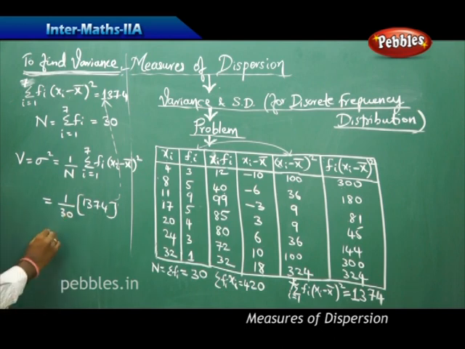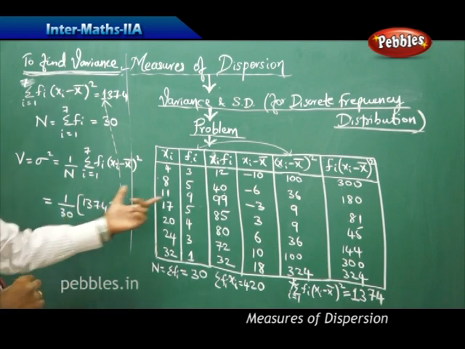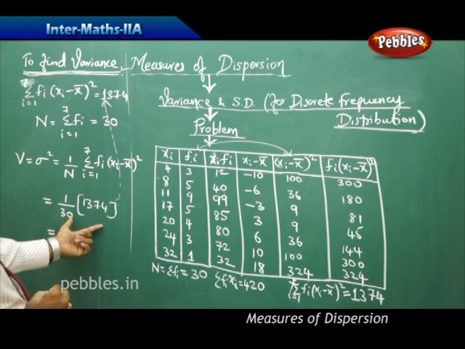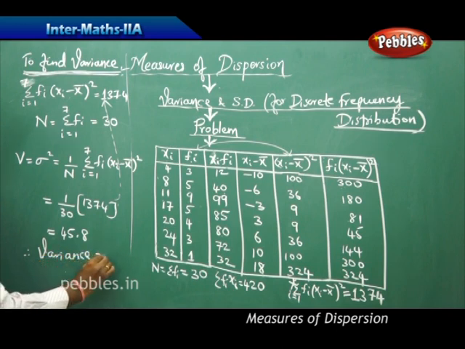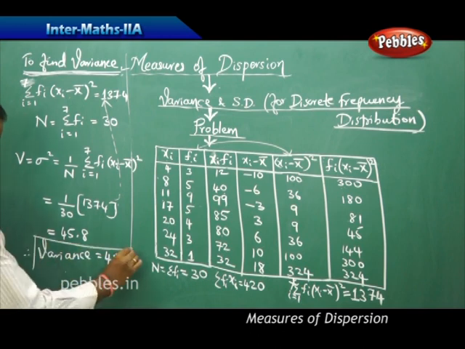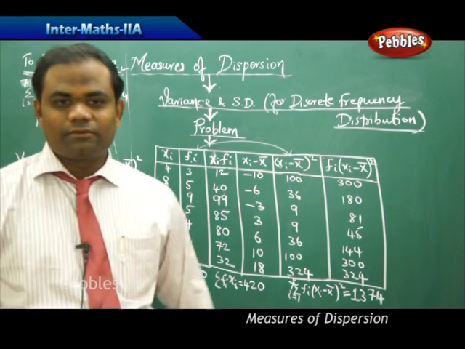Now on simplification, 1374 divided by 30 gives me approximately 45.8. Therefore, the variance of the given problem is 45.8.